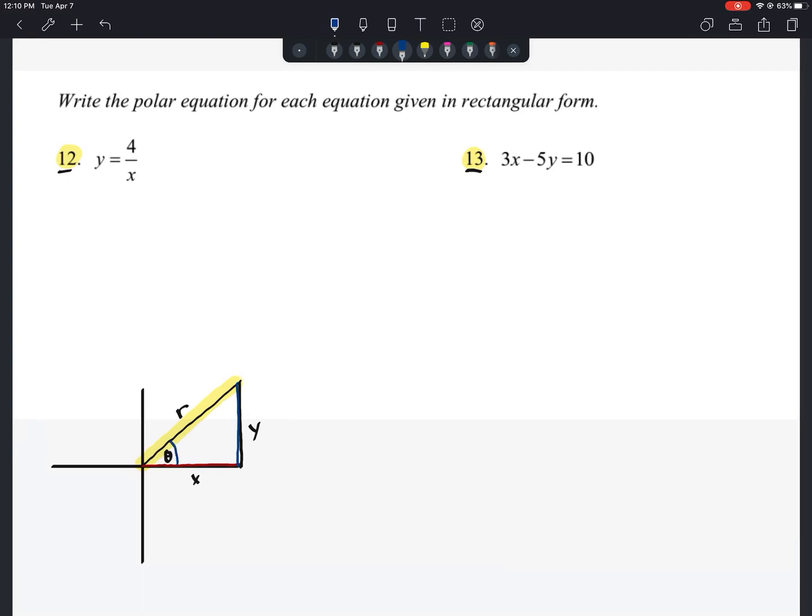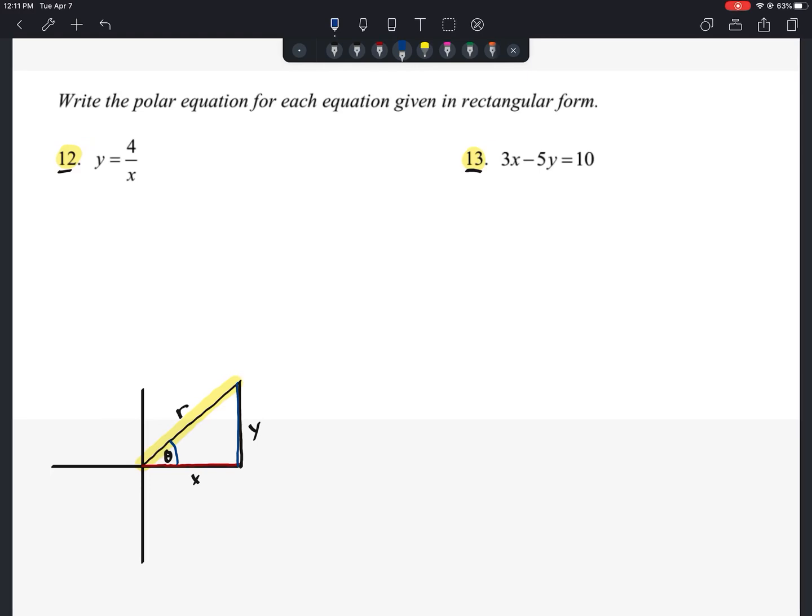This is angle theta. So we have a couple of formulas that you learned in this chapter to help us convert between our x's and y's to our r's and thetas. Let's derive those real quick so we remember where they're coming from.